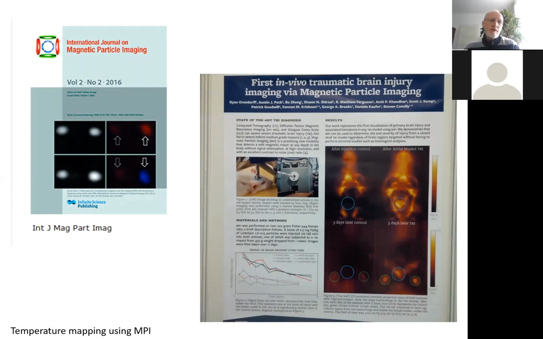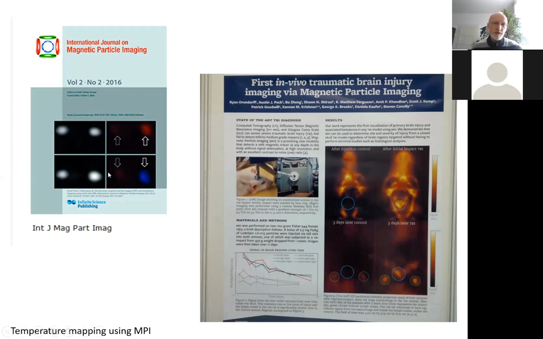Although the method is pretty new, there are still different ideas what it could be good for. It's even possible to do a temperature mapping using this method. You probably remember that the signal depends on temperature, so you can change the frequency, and the frequency defines from which type of particles or from which temperature you can obtain the signal.